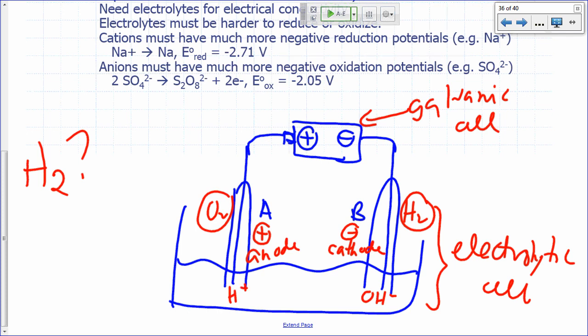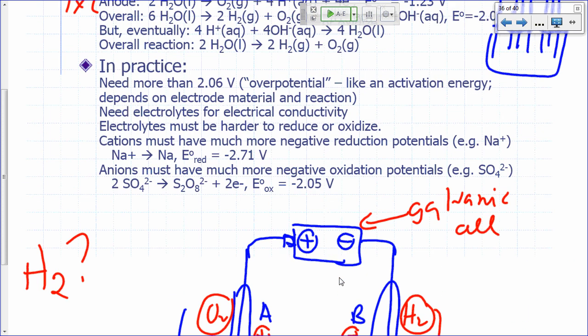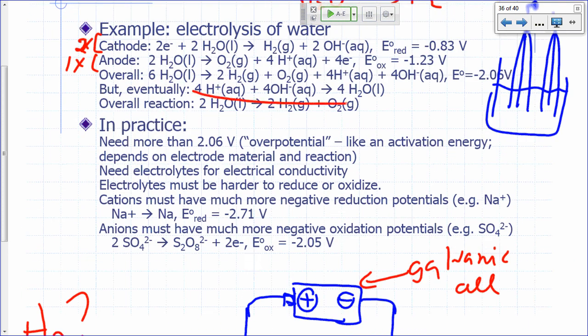But eventually those two will mix. What happens? H plus and hydroxide will just give you water. So these two will eventually cancel out, right? The overall reaction is really just 2H2O yields 2H2 plus O2. So that's the overall reaction in an electrolysis reaction.